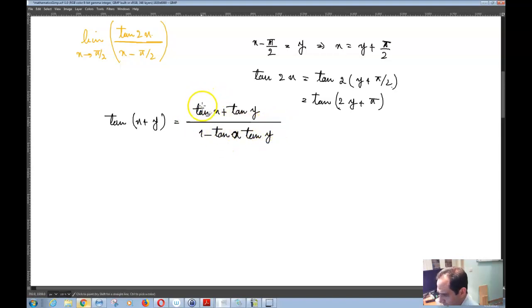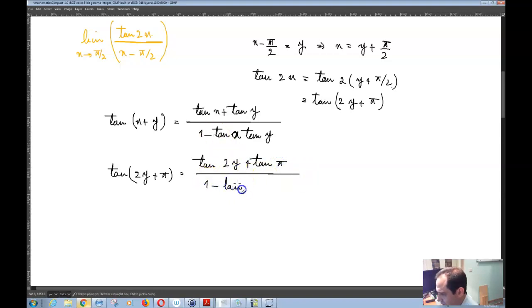Based on this formula, tan of 2y plus pi is equal to tan 2y plus tan pi over 1 minus tan of 2y tan of pi.